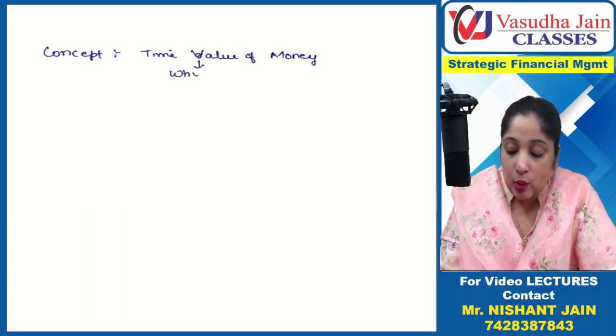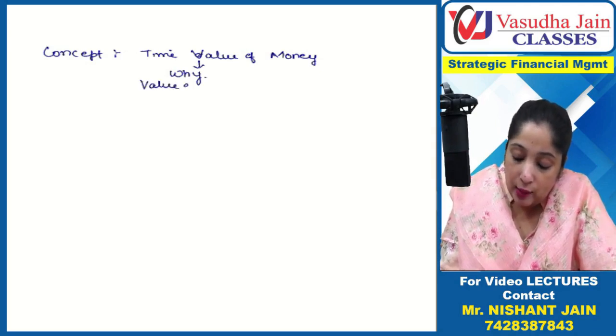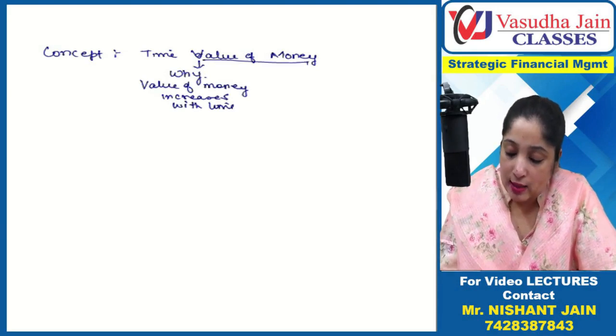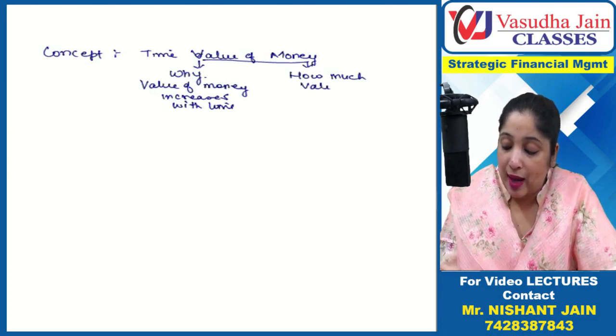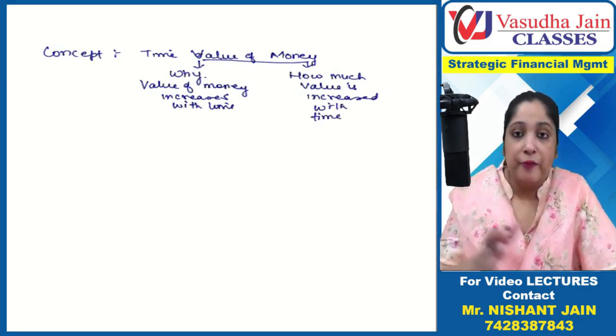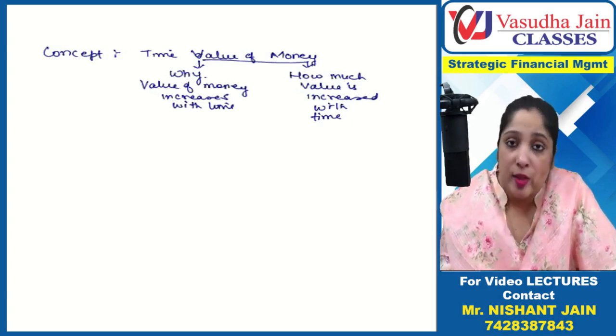Why does the value of money increase with time? And the second question that we should answer is how much the value increases with time, how is it decided? So basically we should understand with passage of time value of money increases, why it increases and how much it increases.